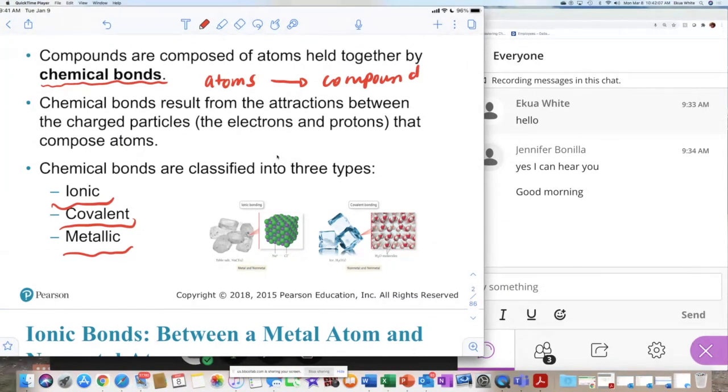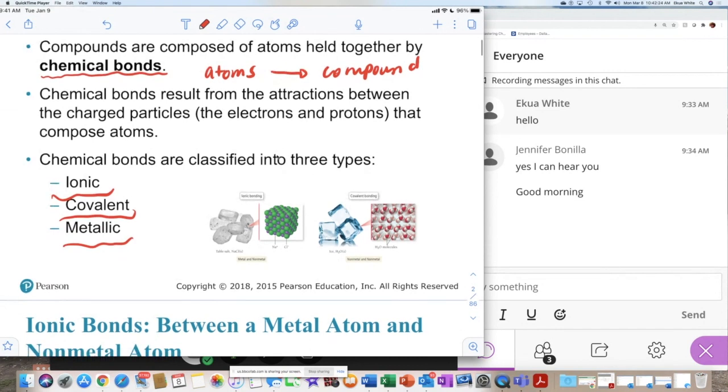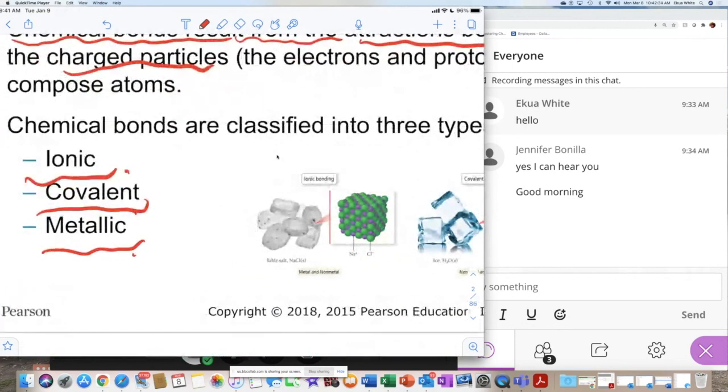When we're talking about basic chemistry, maybe elementary, non-majors chemistry, we make it sound like these kinds of bonding are so different from each other. But as we get to a higher level, we realize the bondings are actually very similar to each other. In general, all bonds, no matter what category we're looking at, result from the attraction of charged particles. So we will even see metallic bonds happening between two metals, metals plus metals, right, forming a bond.